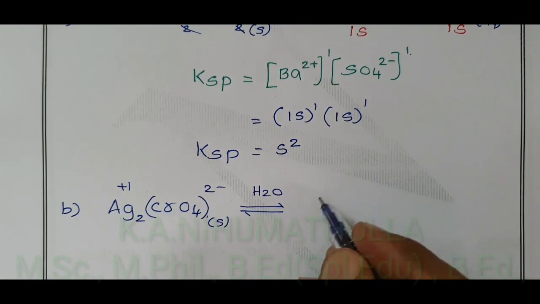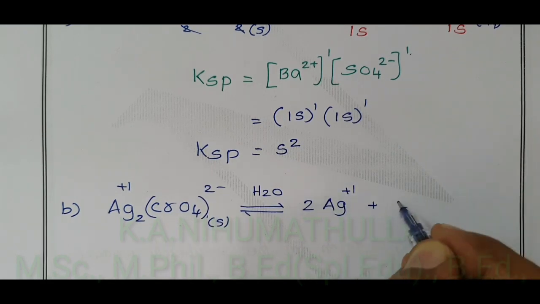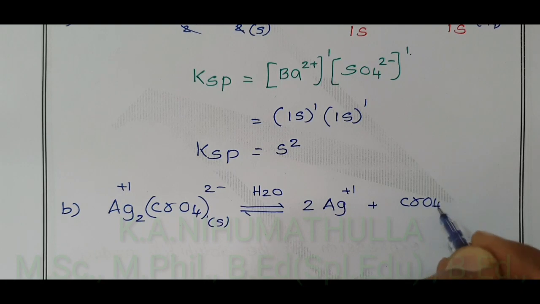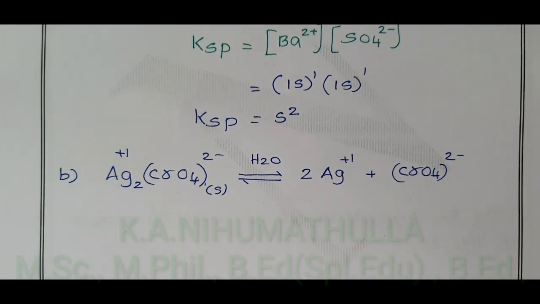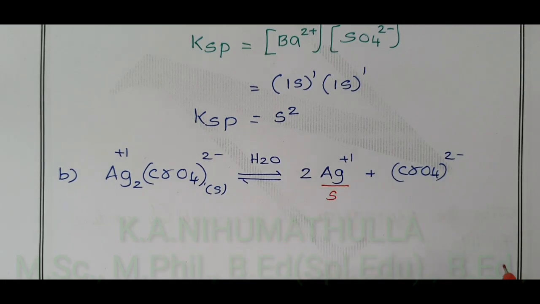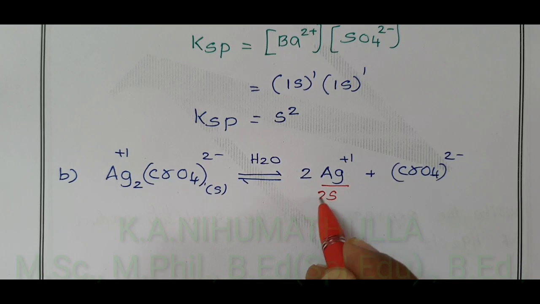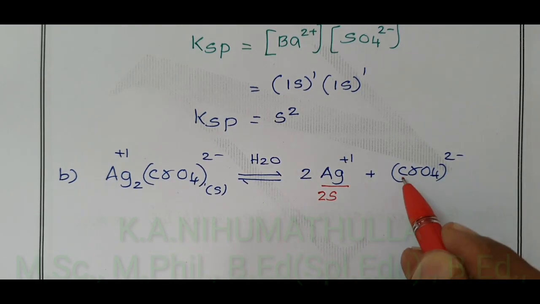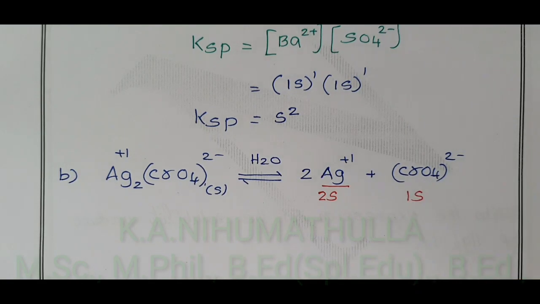Silver chromate undergoes ionization and gives 2 Ag plus and 1 CrO4 2 minus ion. As I told in the previous one, for Ag plus the molar solubility is S. Here, before it is a stoichiometric coefficient 2, therefore we are adding 2. The molar solubility of chromate is S, with coefficient 1.